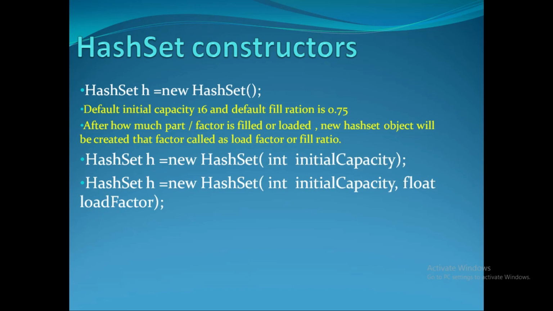Or you may have the question: why should it increase when it is filled to 75%? I want it to increase its capacity only when it crosses 98%. When it is 98% filled, only then should it increase its capacity. At that time we should go for this third constructor, new HashSet with the initial capacity and load factor.